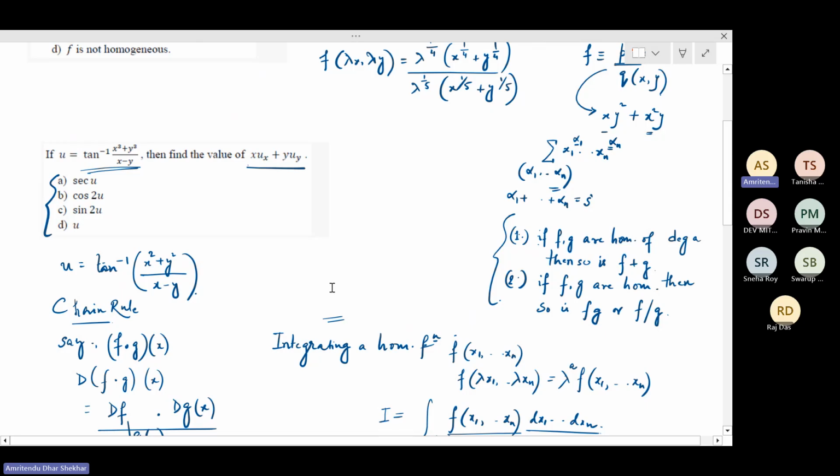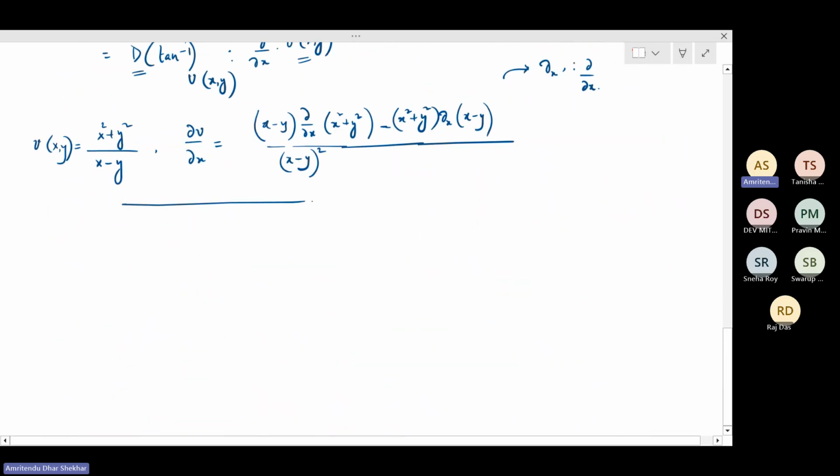There are two functions over here. The first function takes x comma y and sends it to something. You need not think of it as a composition of two functions. You can think of it as one function, but it helps you if you want to take the derivative.